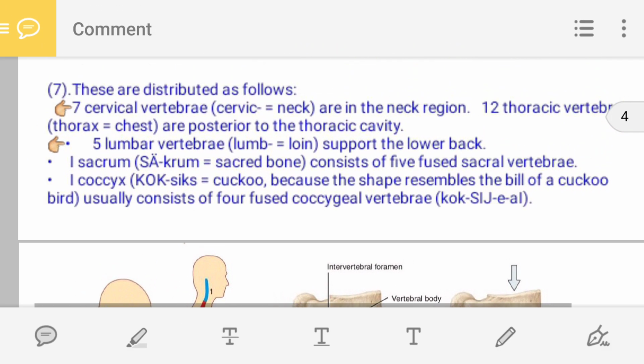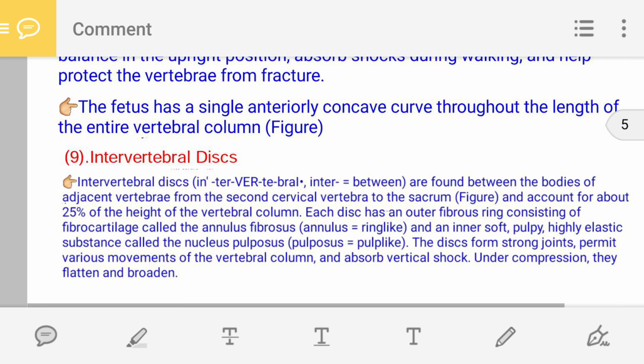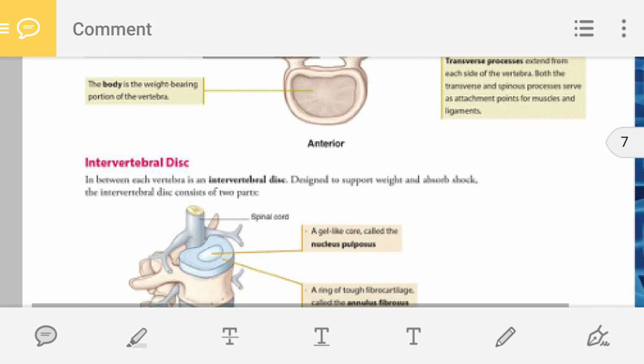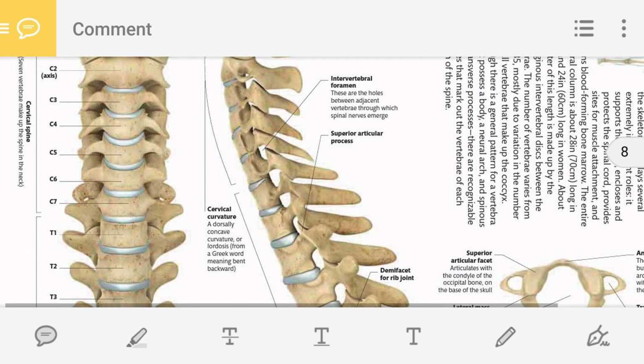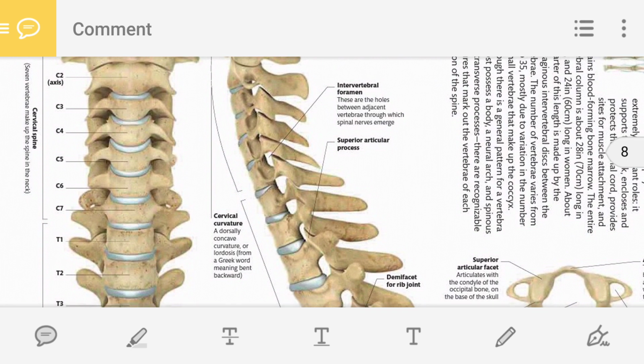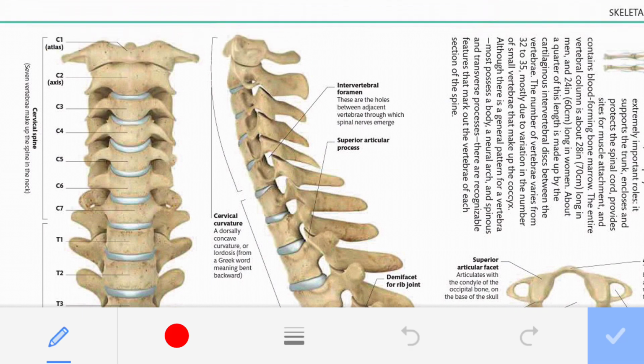Okay, now in the figure I will show you all these vertebrae. So as you can see, this is the vertebral column, and this is the first one, pars cervical. This is known as the atlas vertebra. Then the second one is known as the axis vertebra.